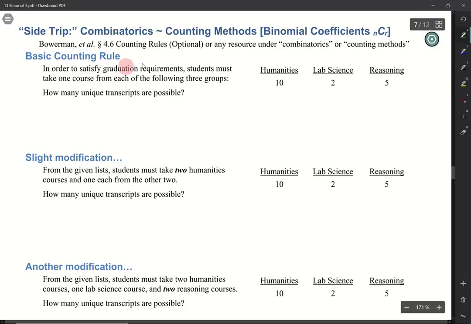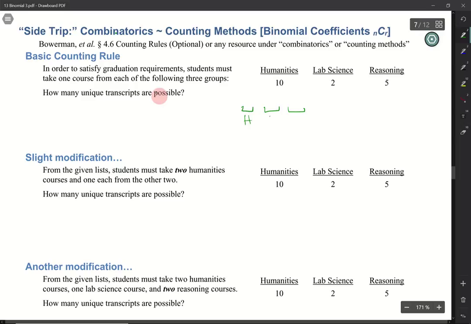In order to satisfy graduation requirements, students must take 1 course from each of the 3 groups: humanities, lab science, and reasoning. How many unique transcripts are possible? So how do you do that? You have to think of the number of possibilities. What's the number of possibilities of humanities?